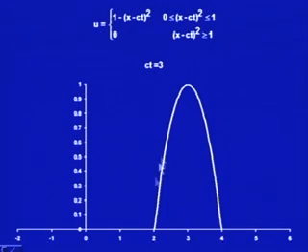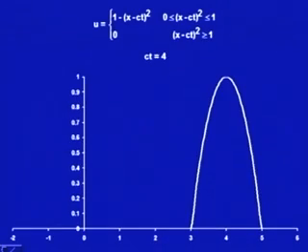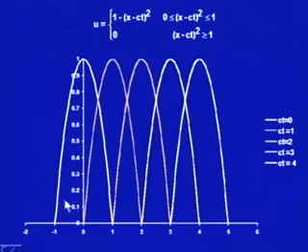You see the shape was not changing, the shape was exactly the same from 0 to 1, but the function is shifting towards the right. So the shape of the wave is the same, but with respect to time it shifts towards its right.